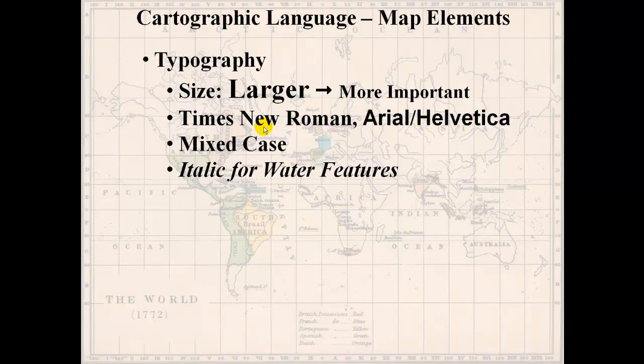But in maps, you don't have a lot of blocks of text, so you can use either type of font, and you can actually mix fonts, but you have to be careful. Sometimes mixing fonts confuses people. Sometimes it makes a distinction that's important. So you need to think about what kind of fonts you use. Mixed case is better than either all lowercase or all uppercase, and traditionally italic fonts have been used for water features.